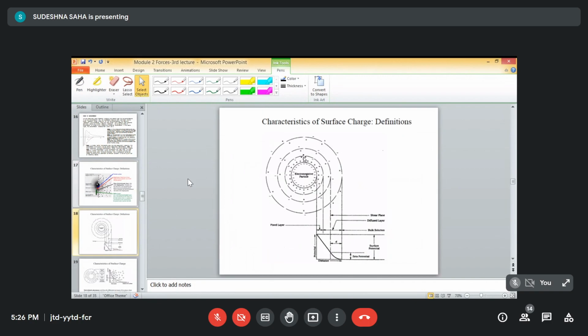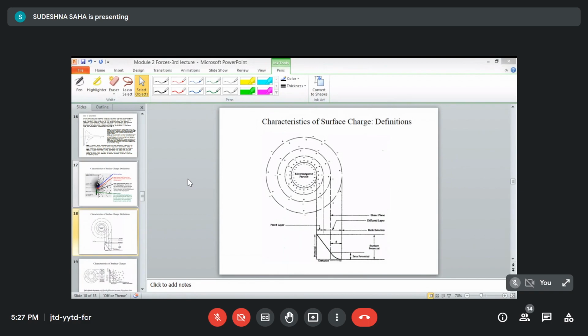I am trying to make this a bit bigger, I don't know if you can see it. So this surface particle has a negative surface charge. Then the positive counter ions come very close to it, and there you find the Stern layer, and then there is a shear plane where the slipping of the particle is happening.